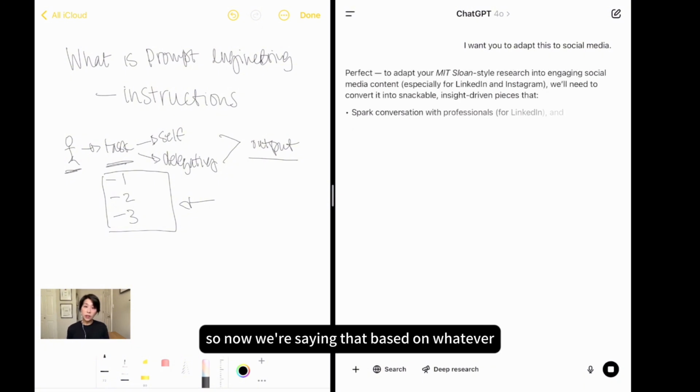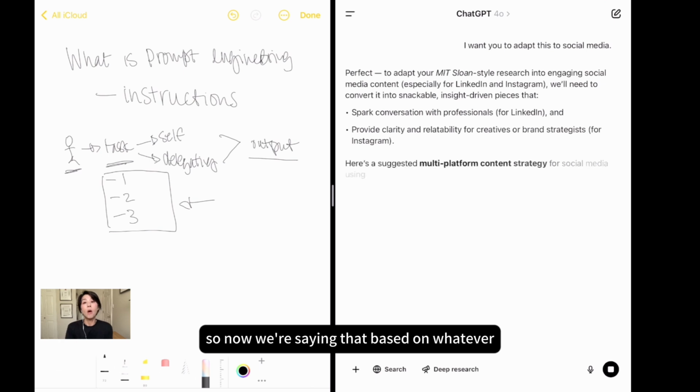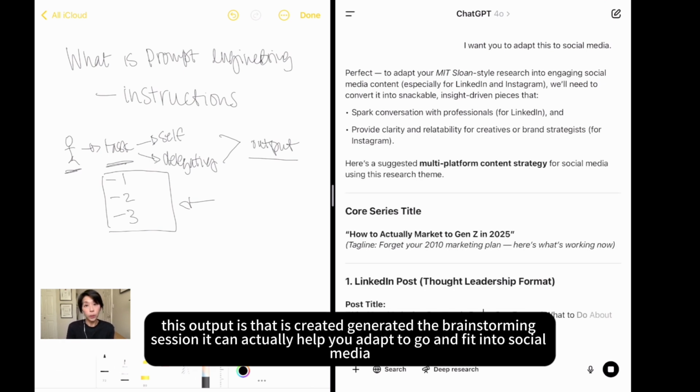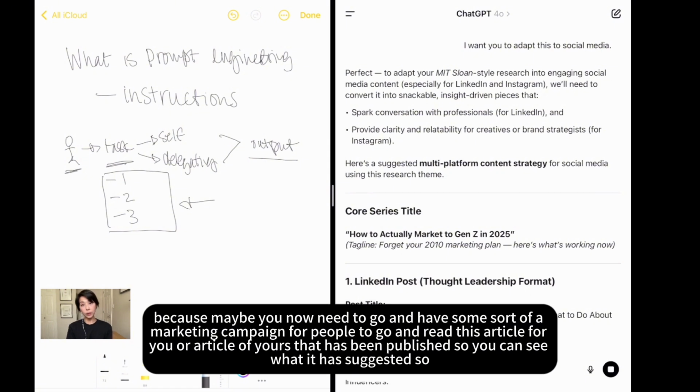Based on whatever output was generated from the brainstorming session, it can help you adapt it to fit social media, because maybe you now need a marketing campaign for people to read this article of yours that has been published. So you can see what it has suggested.